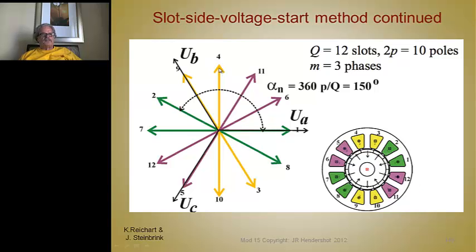So now from this slot numbering, you could pick where all the coils go and develop your winding chart by calculating this angle, which is a relationship between the number of poles and the number of slots to determine where all the coils go. That's a neat system.